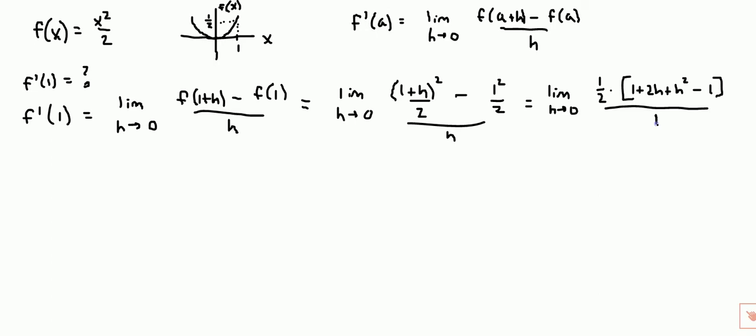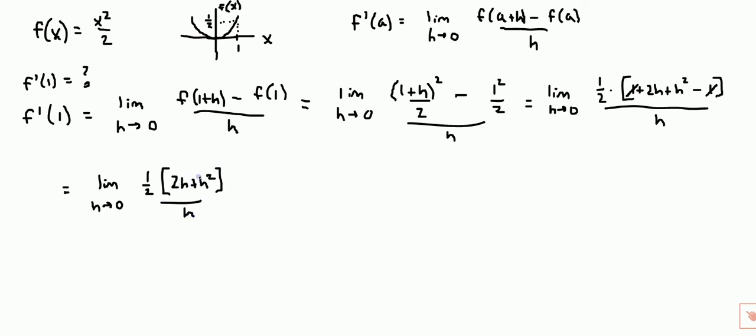And that's all over h. That's the limit as h approaches 0. These 1's cancel out. Okay, so we have 1/2 times 2h plus h squared all over h.